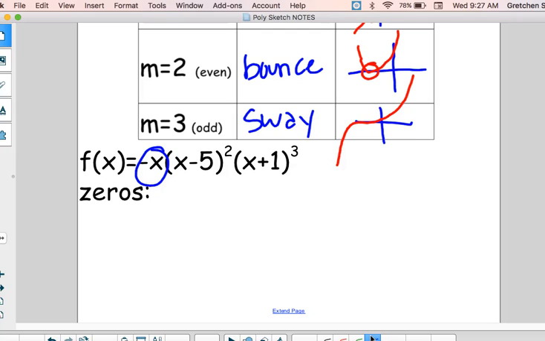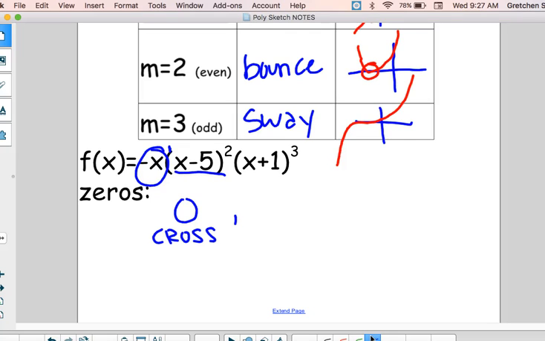If you just have a single x, where does this touch the x-axis? 0, because when you set it equal to 0, you get 0. What is the exponent on that x? It's a 1. If you don't see an exponent, assume it's a 1. So is it going to cross, bounce, or sway? Cross. So whenever you write your zeros underneath it, write what it is doing at that point. It's going to cross at that point.